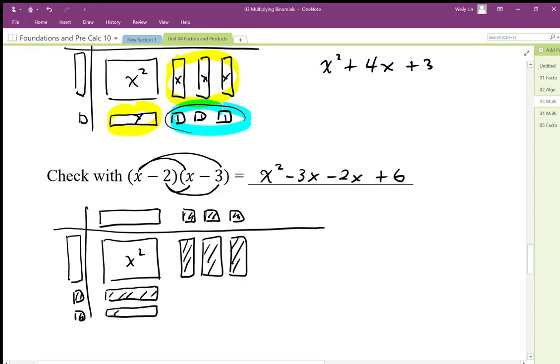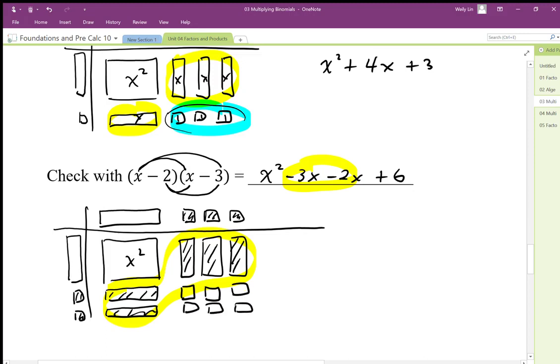Those are like terms, so we're going to combine those together. Again, these are like terms, and they show up along this diagonal. And then the product of negative times negative is going to give us positive, so we just have to make sure we have our signs correct.